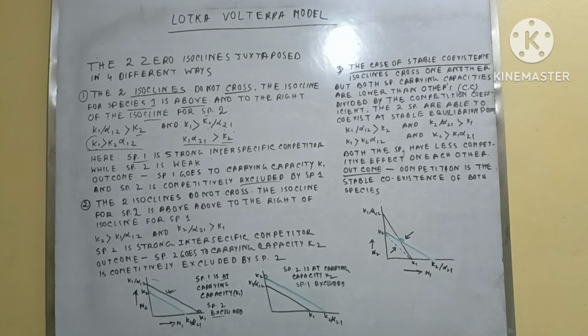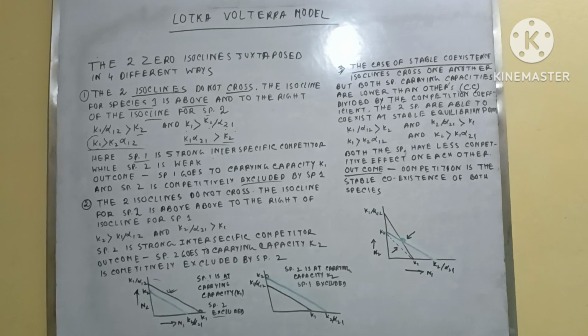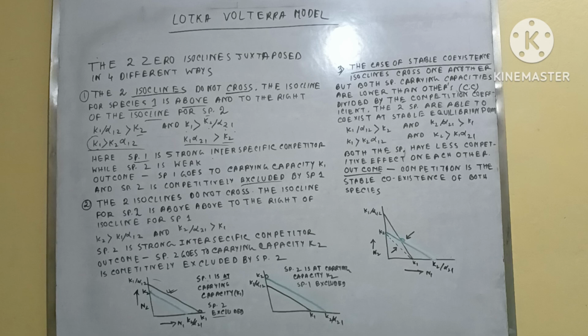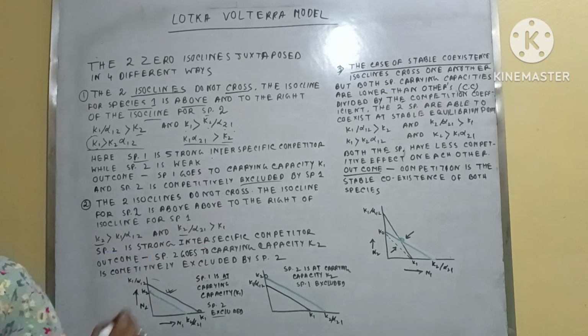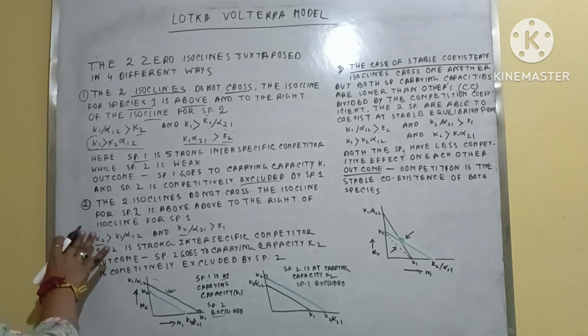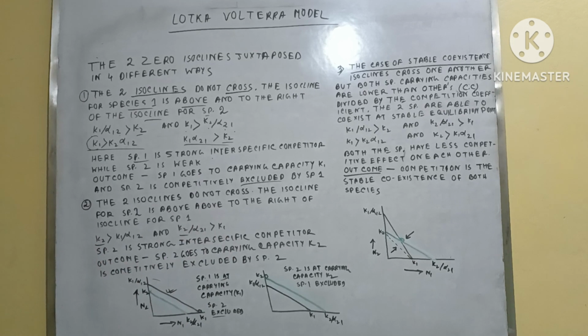In the second case, the two isoclines are also not crossed, but here species 2's isocline remains above species 1's isocline. The same thing happens, but K2 in both cases is greater than K1. The carrying capacity of species 2 is greater than the carrying capacity of species 1.